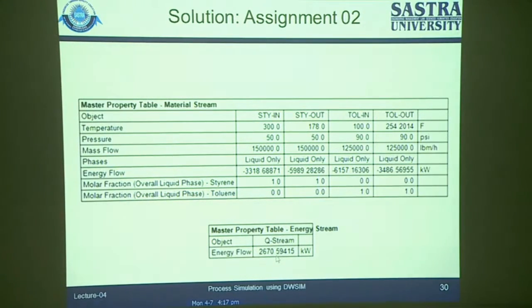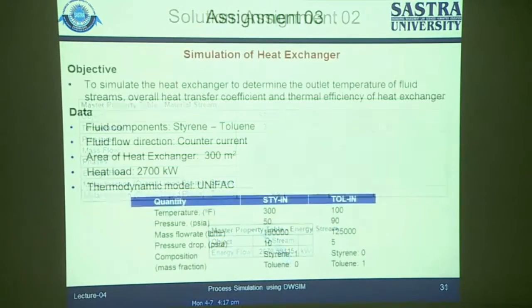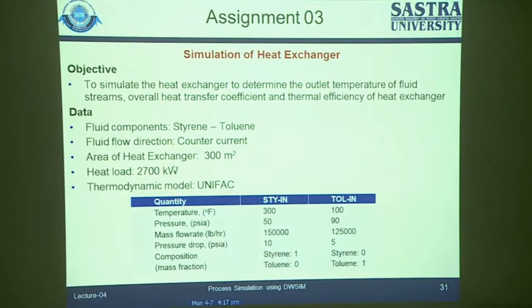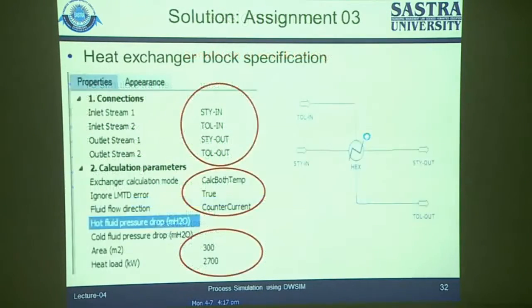This is roughly the same as what we obtained in problem 2, just rounded off to the next closest 100th place. If we have this much heat being added to a counter current flow heat exchanger of 300 meters square, is it possible to find out the outlet temperature of styrene, the outlet temperature of toluene, and the efficiency of the heat exchanger? This is how the process flow sheet typically looks. You have a heat exchanger object being introduced.